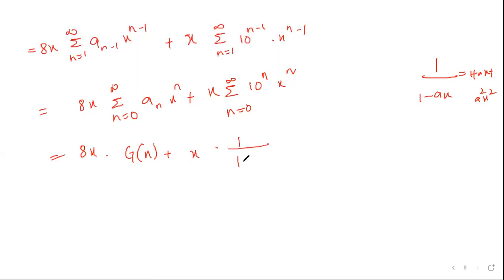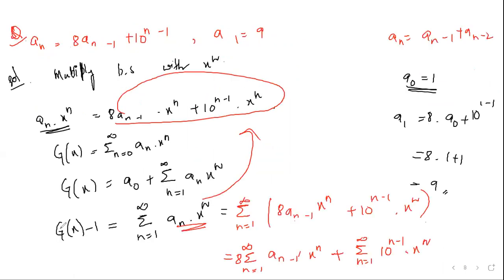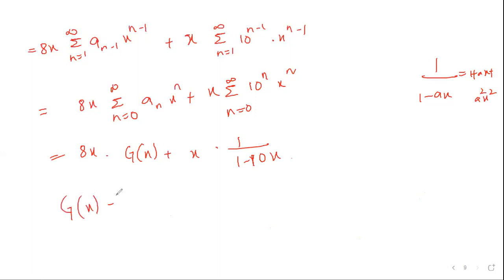So this can be written as 1/(1 − 10x). Now, what is this equal to? This is equal to g(x) − 1, since we started from here. So g(x) − 1 is equal to 8x g(x) plus x/(1 − 10x).